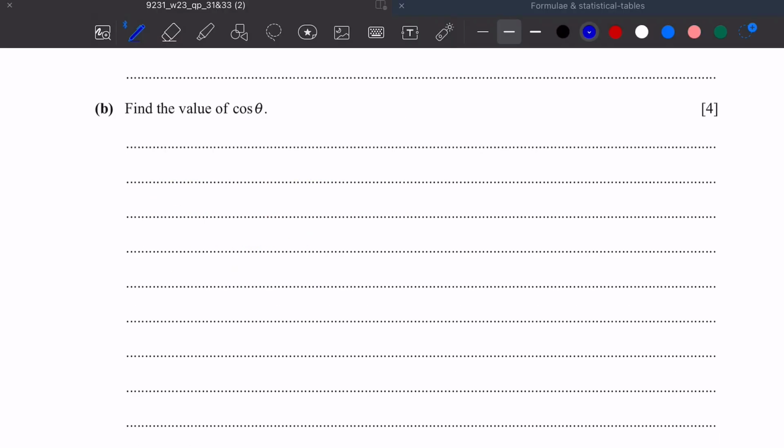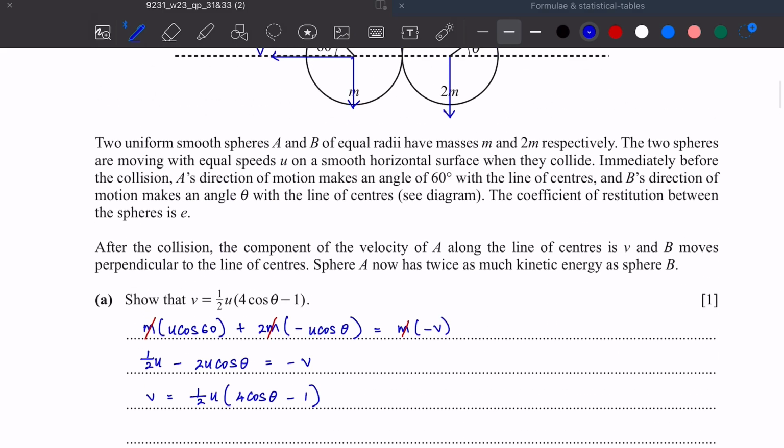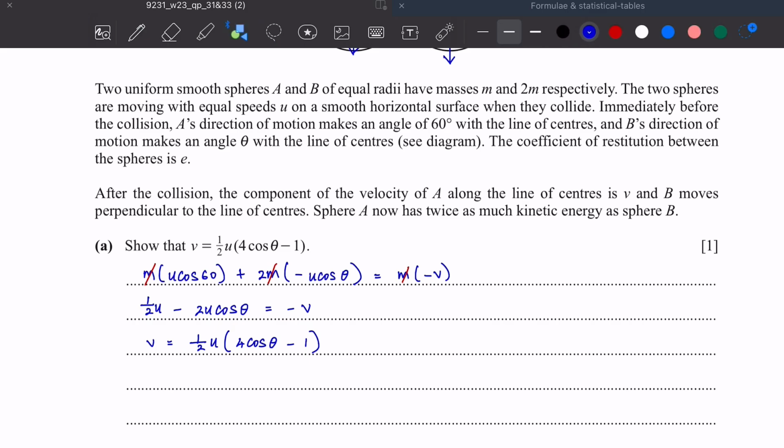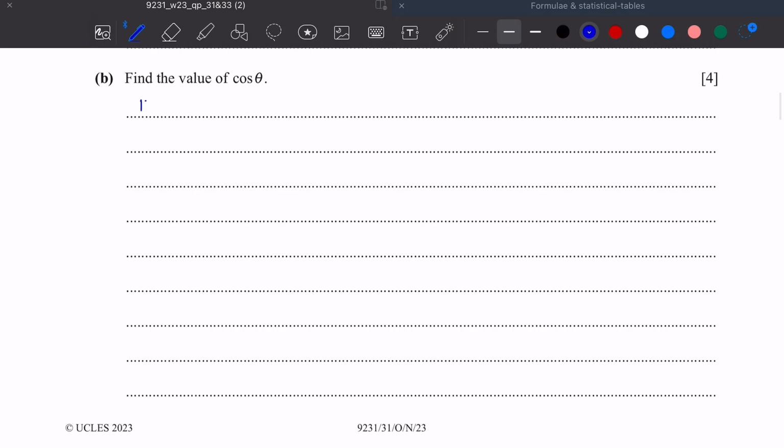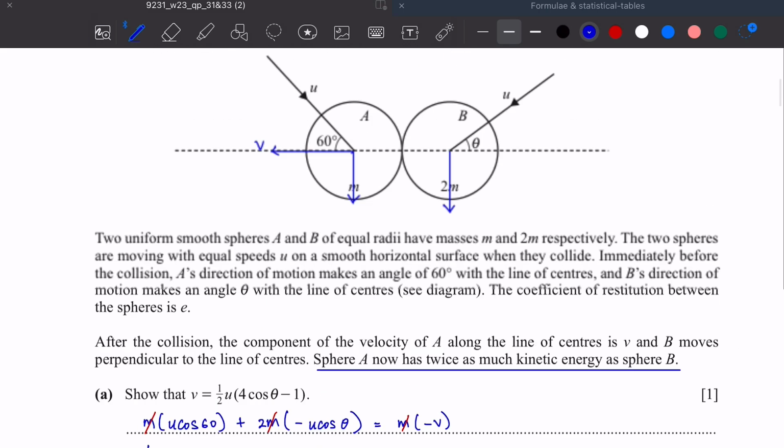For part B, we will need to find the value of cos theta. So now we can use the fact that the kinetic energy of A is twice the kinetic energy of B. So now we will need to find the kinetic energy of A and B separately. So the kinetic energy of A is half times mass times the velocity squared.